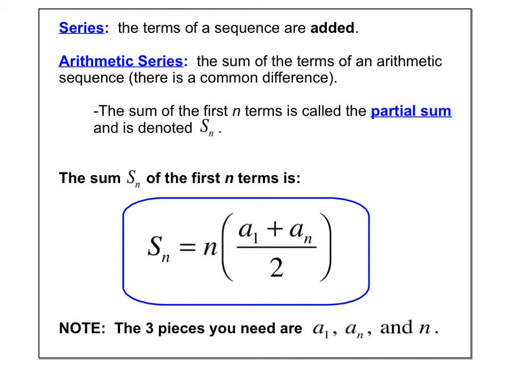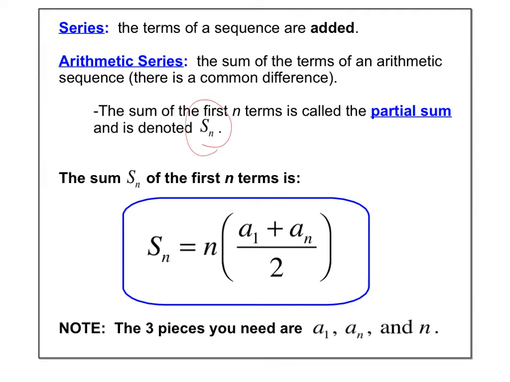So we've talked about what an arithmetic sequence was. Now we're interested in adding all of those terms together, or maybe not all of the terms of a sequence, maybe only a certain amount. So we could call that a partial sum, and that's denoted by S sub n.